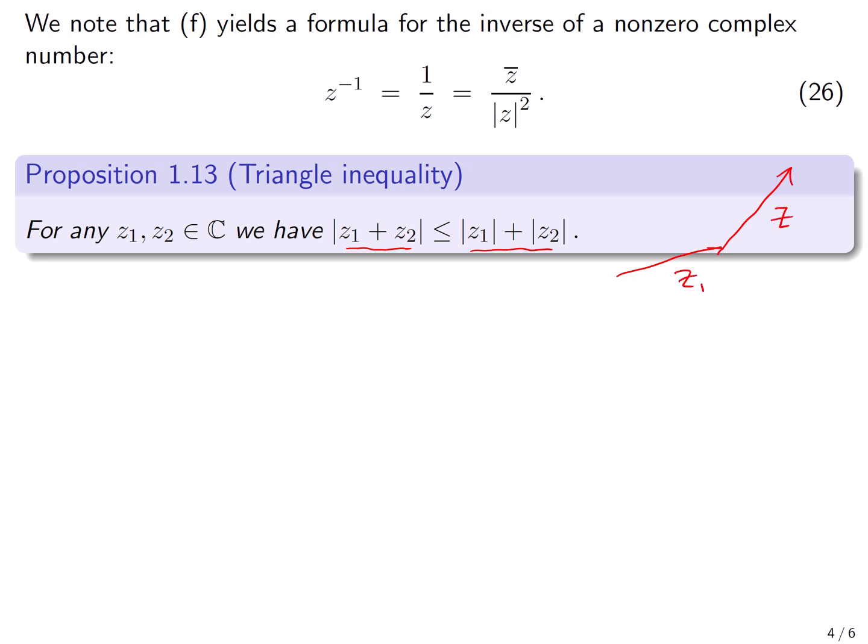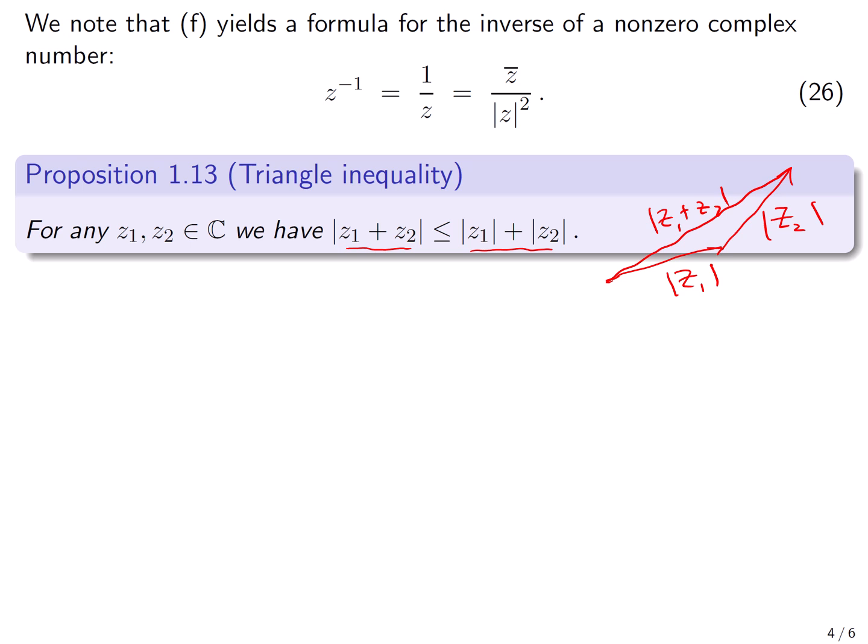You can write it like that, and if you take the diagonal one, which is simply the sum of the two, you can see the length of this one is smaller than the length of those two. That is the reason why we call this the triangle inequality, because that is the condition to draw a triangle when you are given three numbers.